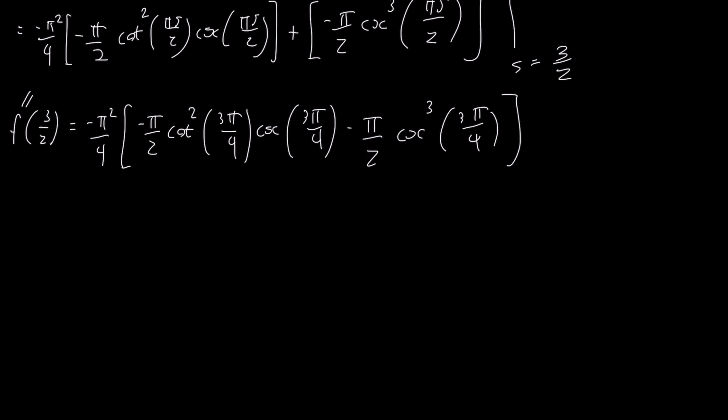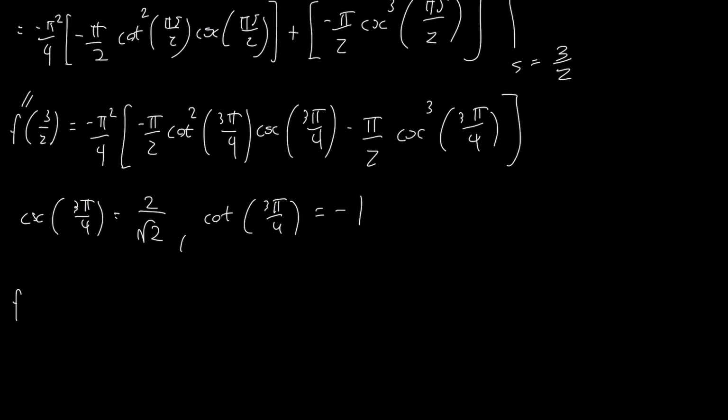And we have to remind ourselves that the cosecant of 3 pi over 4 is 2 over root 2, and the cotangent of 3 pi over 4 is negative 1. So f double prime of 3/2 is negative pi squared over 4, negative pi over 2, cotangent of 3 pi over 4 is negative 1 squared.